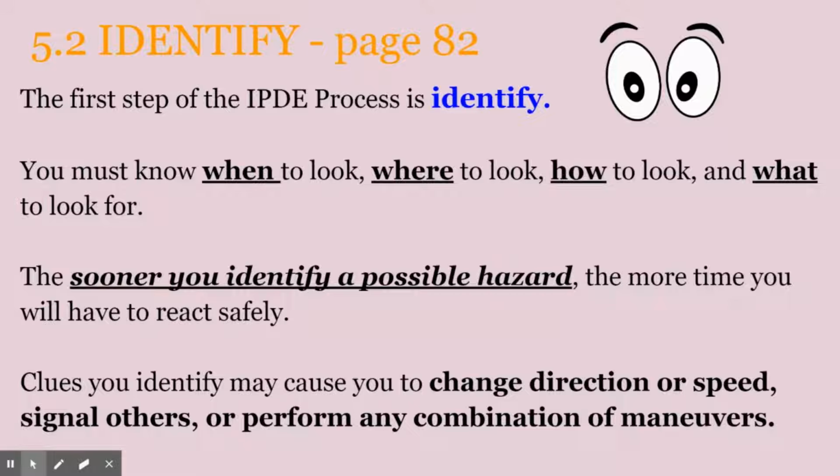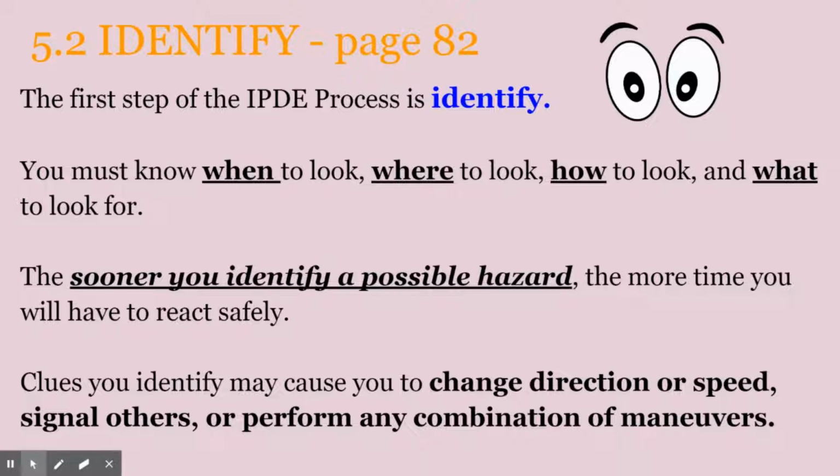Whether you know it or not, you've been using the IPDE process for a long time. When you're riding your bike in the neighborhood, when you're at a crowded shopping mall or on crowded sidewalks, crowded halls in school, you're always identifying, predicting, deciding, and executing. So the first step is to identify.